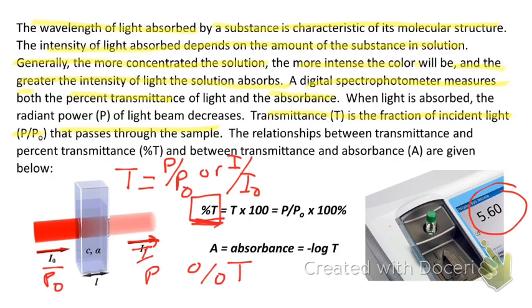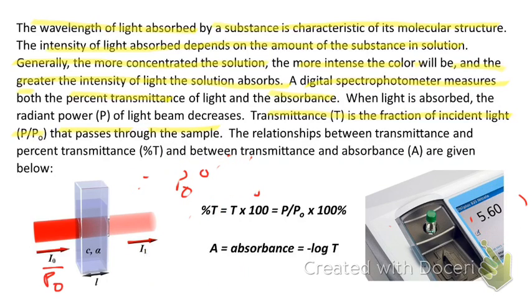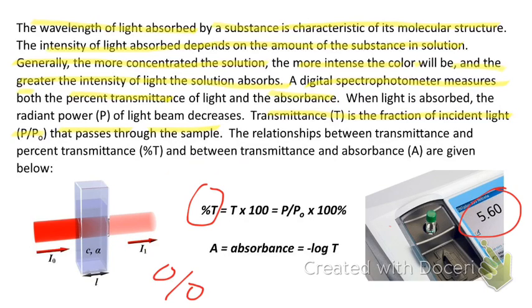So when we summarize it all, the spectrophotometer is going to do a lot of this work for us. It's going to tell us the percent transmittance, which is percent T. And the percent T is equal to the transmittance times 100%.